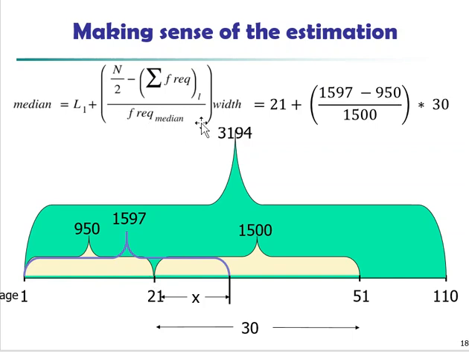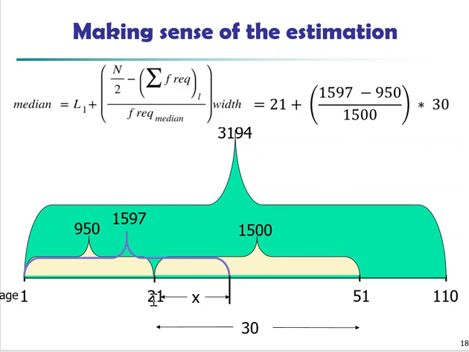What we're doing is finding what this x is. This x is 1,597 minus 950, in terms of how many people are here.